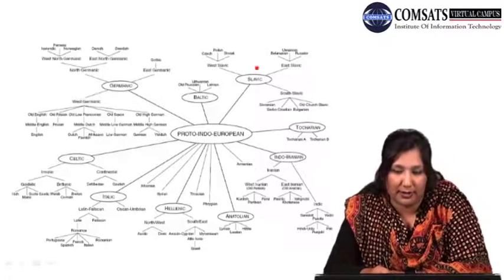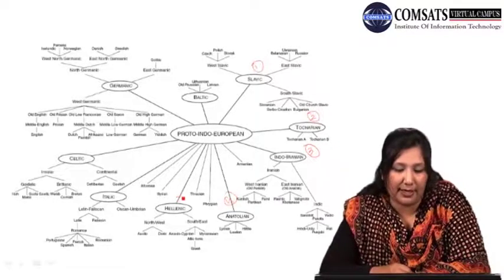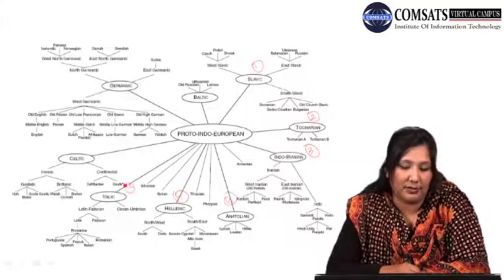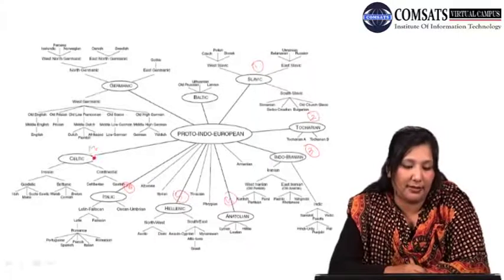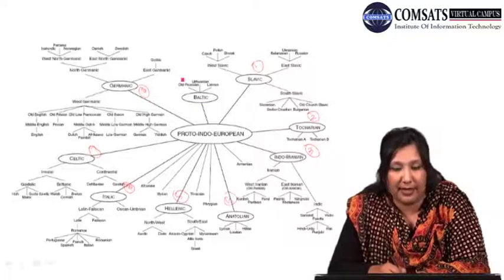One is Slavic, 2 Tocharian, 3 Indo-Iranian, 4 Anatolian, 5 Hellenic, 6 Italic, 7 Celtic, 8 Germanic, and 9 Baltic.